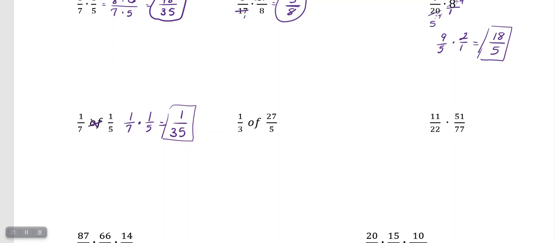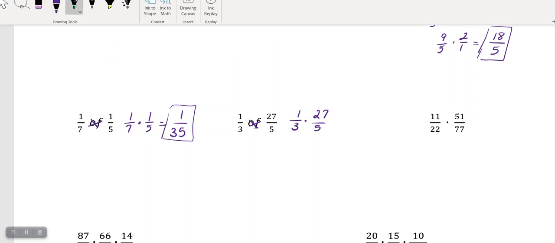Next one on this row, 1/3 of 27 over 5. Again, of means to multiply. So I've got 1/3 times 27 over 5. I can look at it real quick and see that I've got a 3 in the denominator and a 27 in the numerator, and I know that 3 goes into 27.